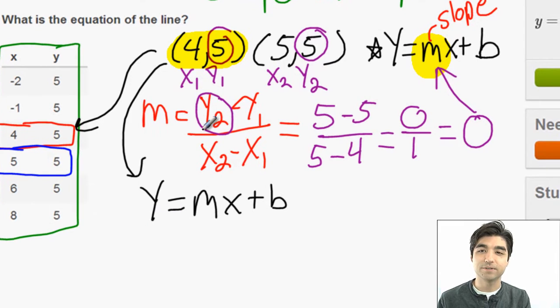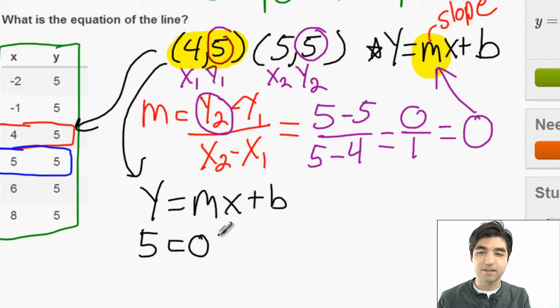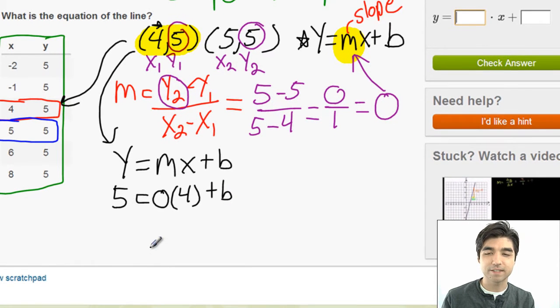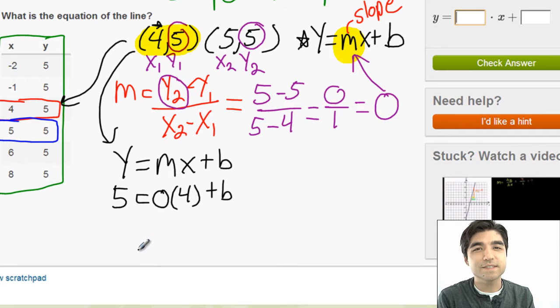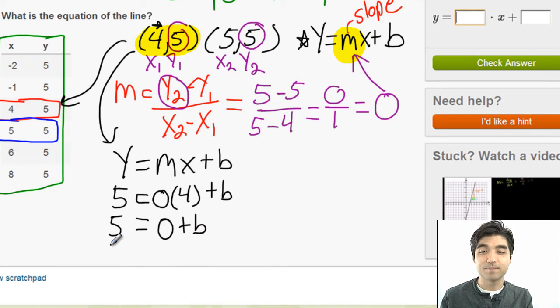So the y value is the 5, and the m value, which we found over there, which is the 0, times our x value up here, which is the 4. And then we're looking for b. We don't know what it is yet. So 0 times 4 equals 0, and we got 5 equals 0 plus b. So what we're finding out is that b equals 5.